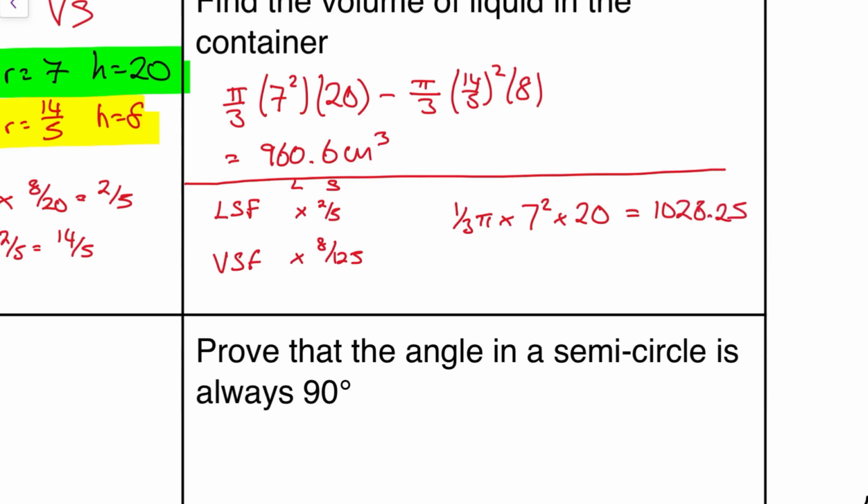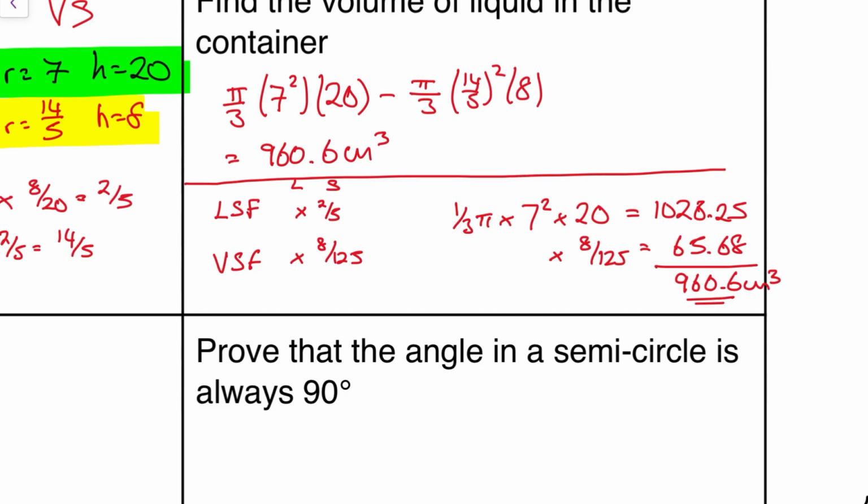And if I multiply that number by 8 over 125, the volume scale factor, that is 65.68. And then if I take that away, perhaps unsurprisingly, I get 960.57, but we'll call that 960.6, which is the same.